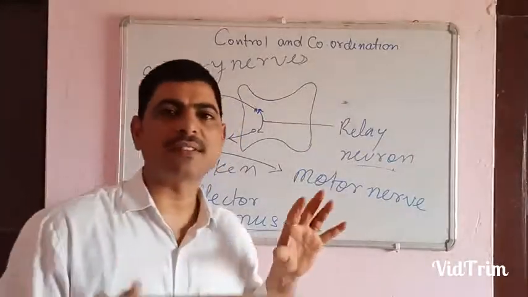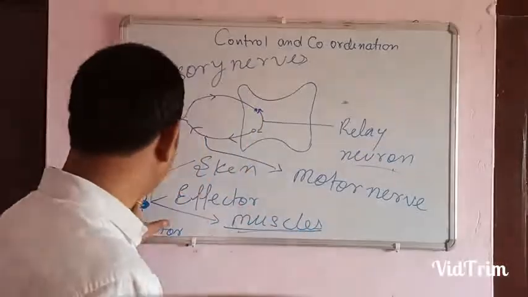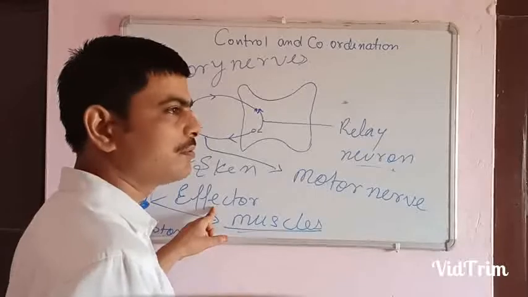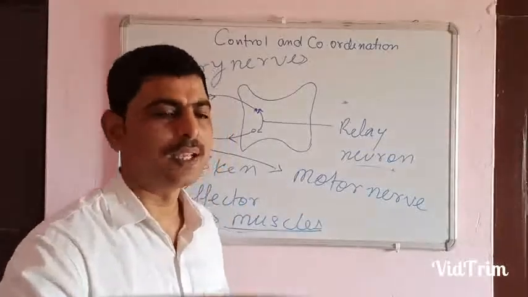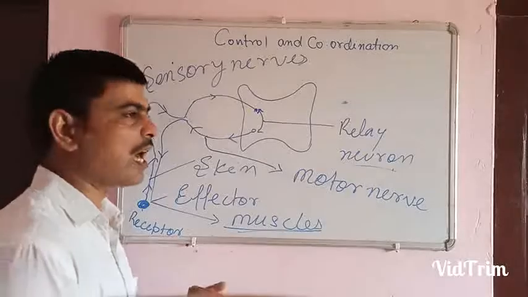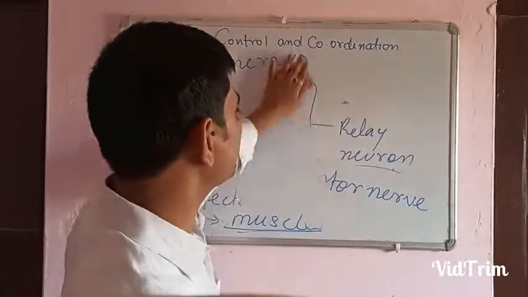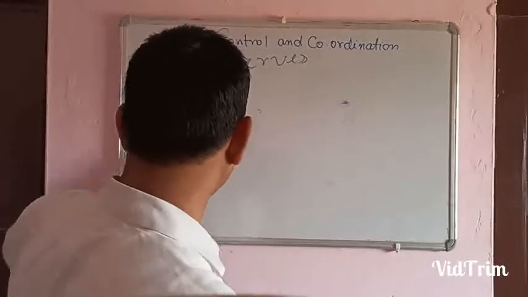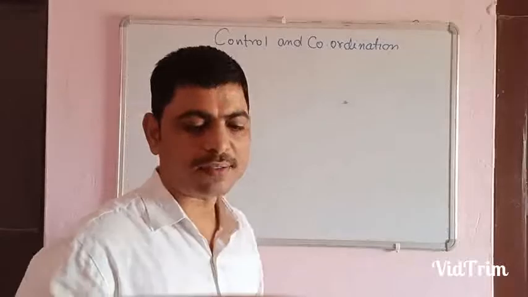Now muscles contract or relax to pull the bone back, and in this way this effector is able to perform the response in that part of the body. This is how the reflex arc and reflex action work. A picture diagram is given in the book also. You can see it from there, and if you have any problem, feel free to ask by commenting in the comment box of the video.